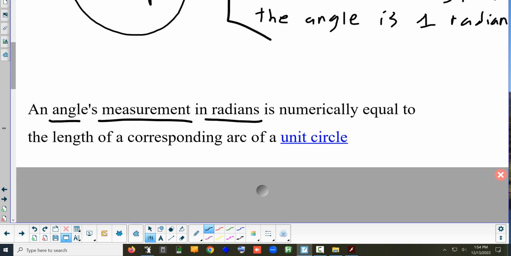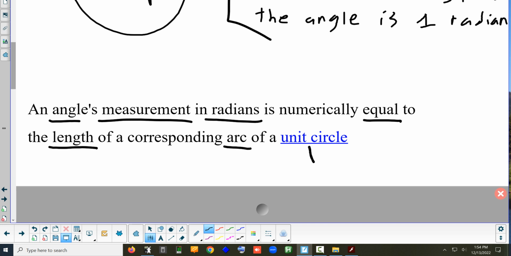So if you measure an angle in radians, it will come out exactly the same as the length of the arc on a special kind of circle called a unit circle. A unit circle is just a circle that has a radius of 1. So this is a special fact about a circle that has a radius of 1.